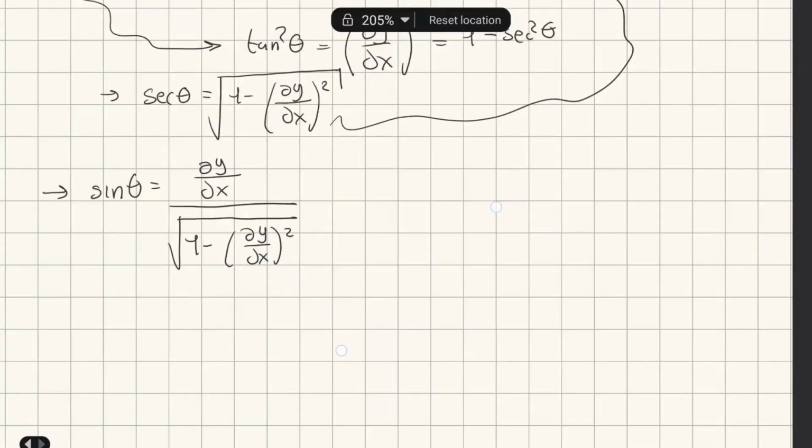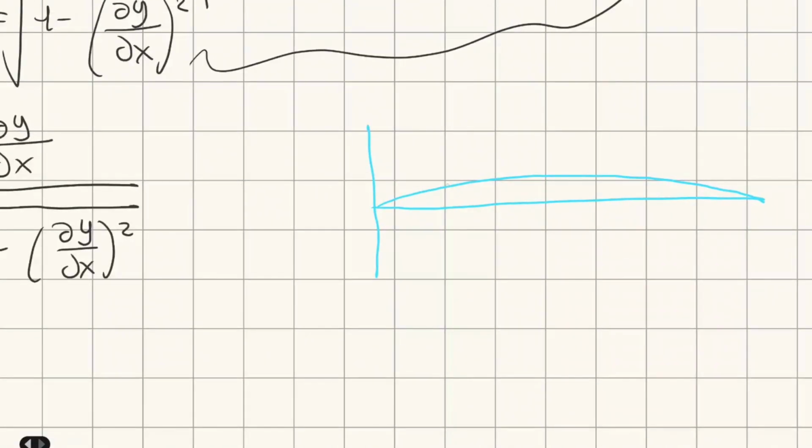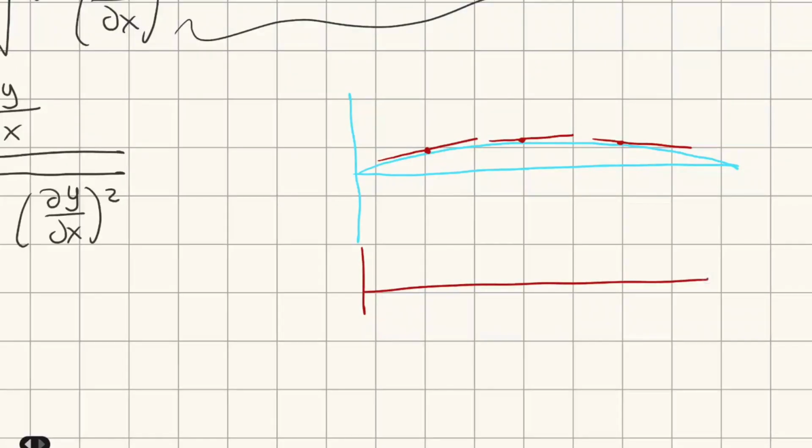So remember that we are considering small oscillations. If oscillations are small, the inclination of the tangent line, which is the derivative, is small. This inclination is represented by the derivative of y with respect to x. For example, if we have a small oscillation, the inclination is practically 0.